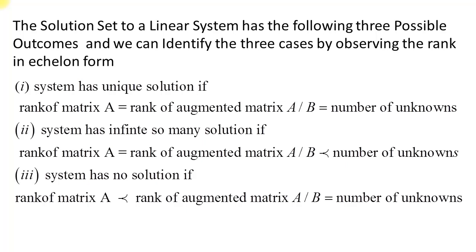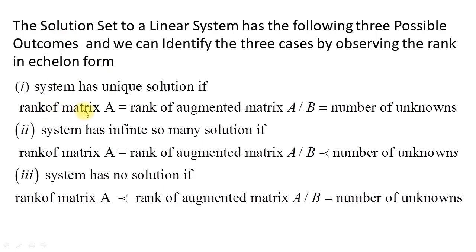These three outcomes can be identified at the echelon form. When we reduce the augmented matrix into echelon form, check the rank of matrix A in that echelon form and the rank of the augmented matrix in that echelon form.